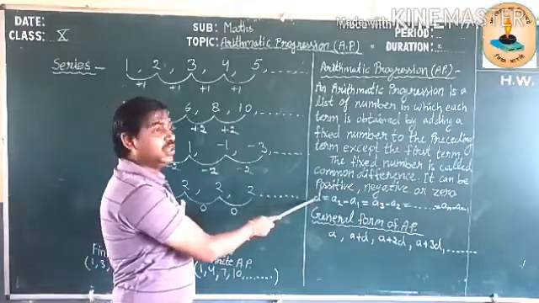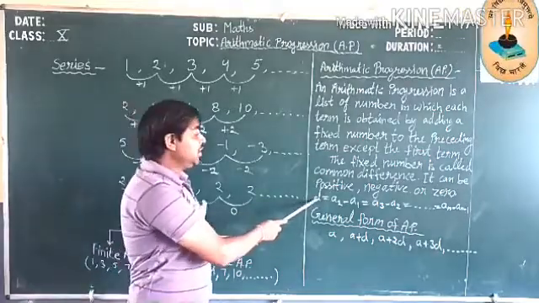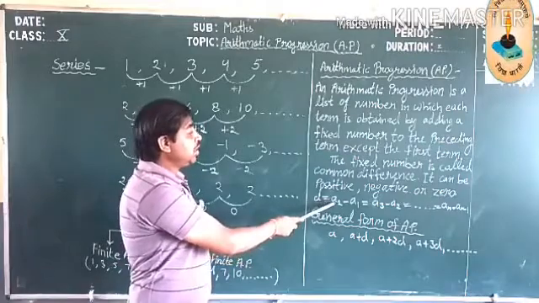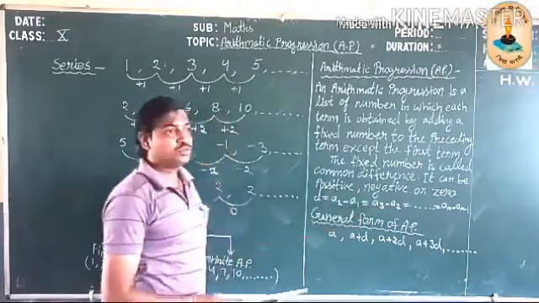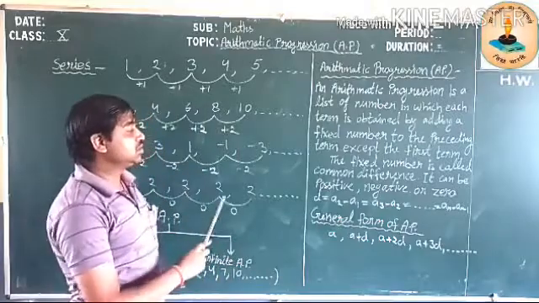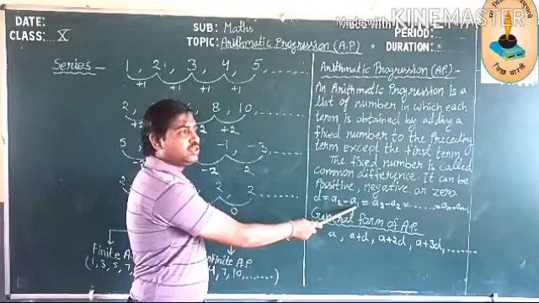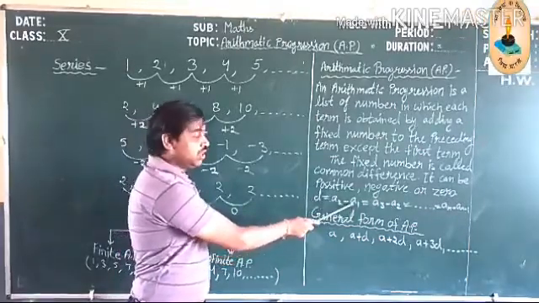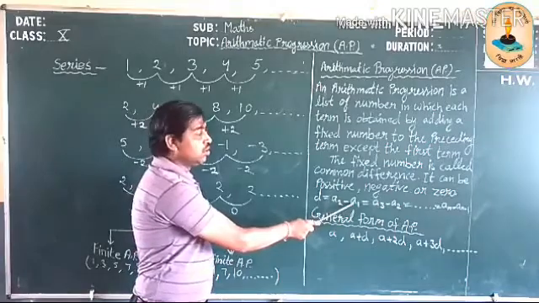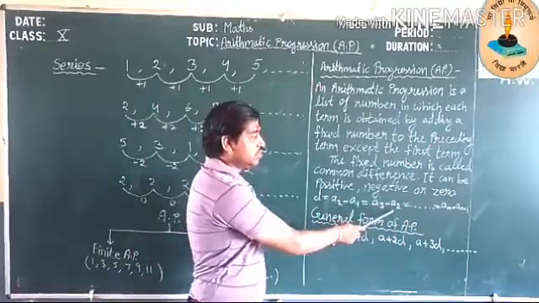Common difference को हम D letter से represent करते हैं. The D is equal to A2 minus A1 equal to A3 minus A2. A2 क्या है? Second term. A1 क्या है? First term. Means common difference क्या हुआ? Second term minus first term, और third term minus second term.